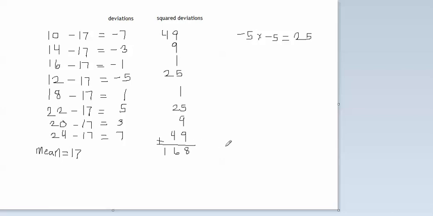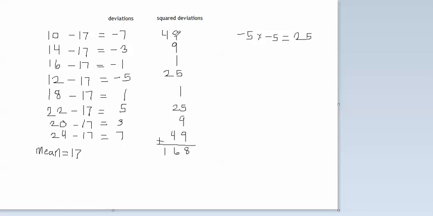Now we average the squared deviations, or we calculate the mean of the squared deviations. How do we do that? Well, we have to divide the total by the number of numbers, in this case by the number of squared deviations.